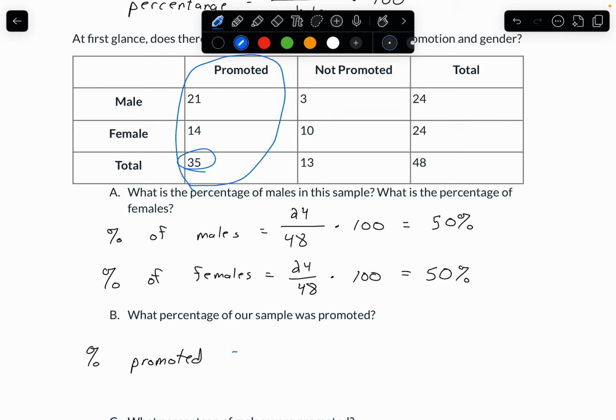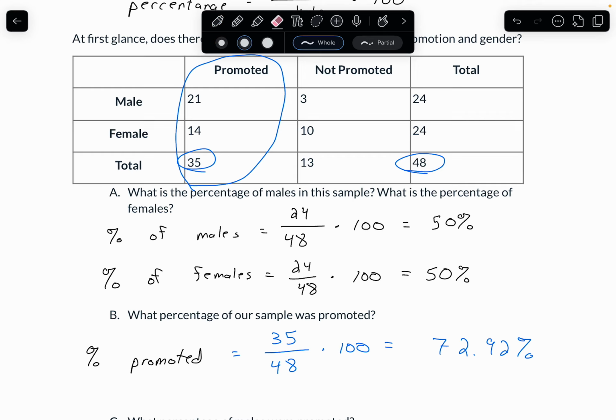In total, there were 35, divided by my overall total within my sample, which is 48. I'll multiply that by 100. So 35 divided by 48 gives me 72.92%. I'm going to round to 2 decimal places on these answers.